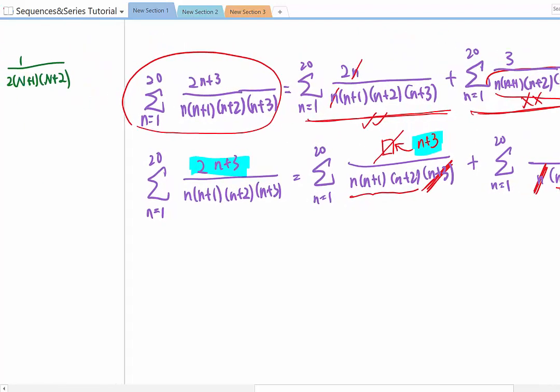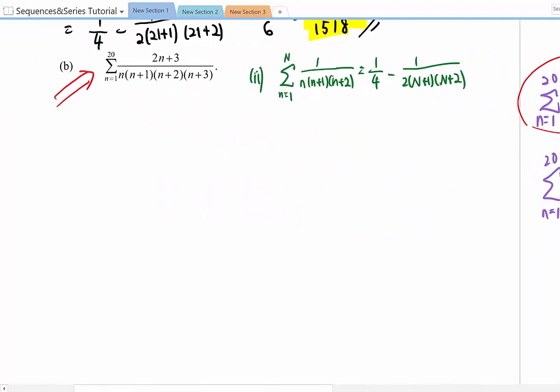So let's go back to the official working and write this down properly. So I can rewrite my series to be in this format, right?